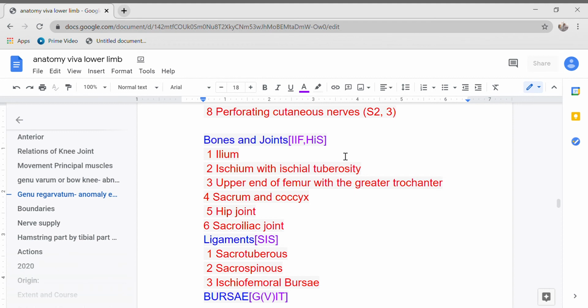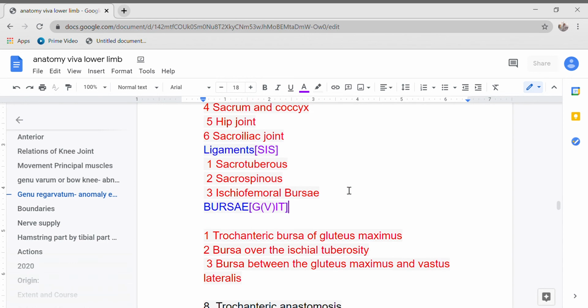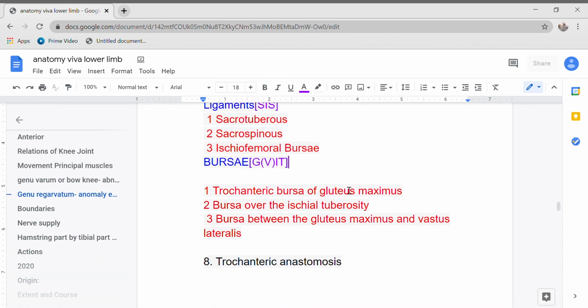Then HS: H for hip joint, S for sacroiliac joint. The ligaments have SIS, which is sacrotuberous, sacrospinous, and ischiofemoral. Then the bursae are GIT, where I is for ischial tuberosity, T is for trochanteric bursa, and G is for the gluteus maximus and vastus lateralis, there is a bursa.